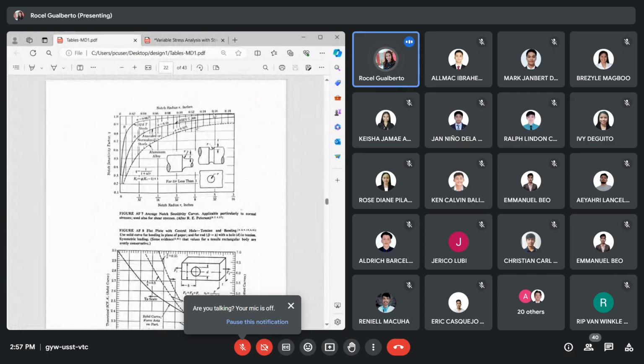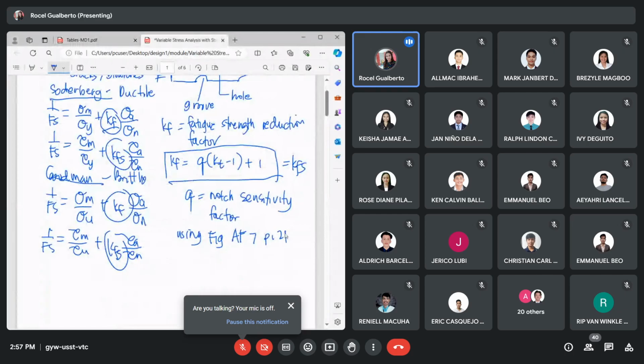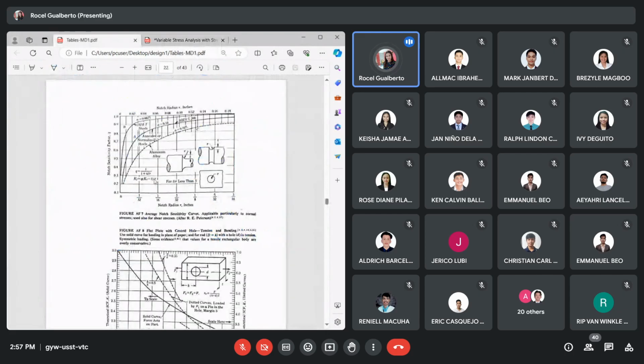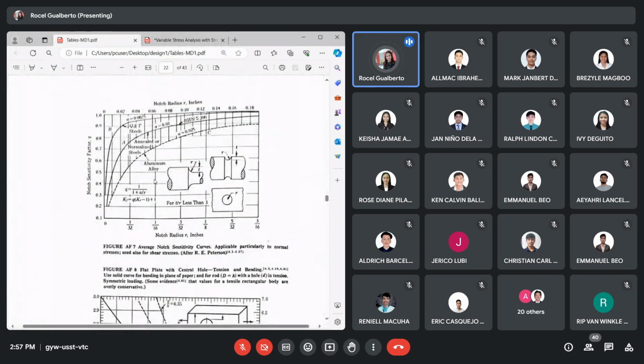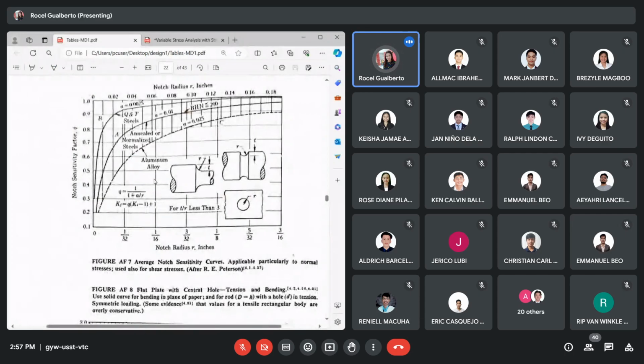Page 22 pala. So, page 22. Everyone, you have with you our tables, okay? And then see figure AF7.